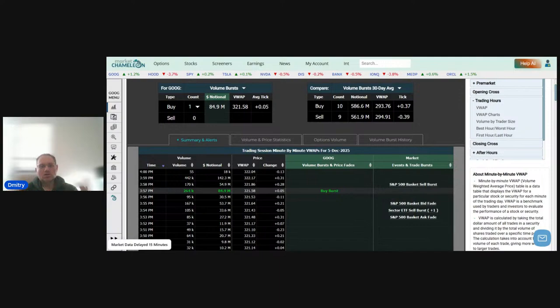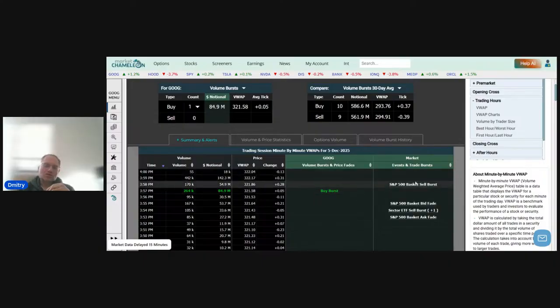There's less liquidity on that sell side. So that's kind of like the information, or just looking at this one example, the insight we could get.